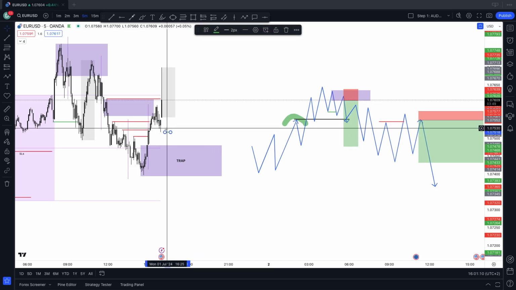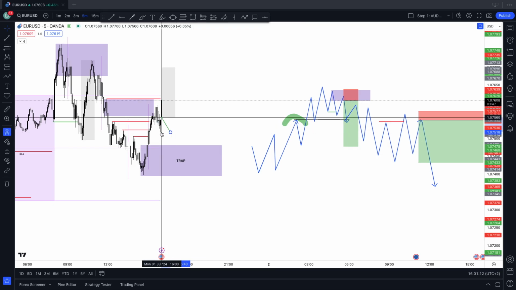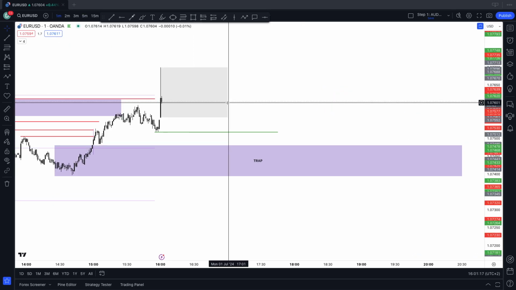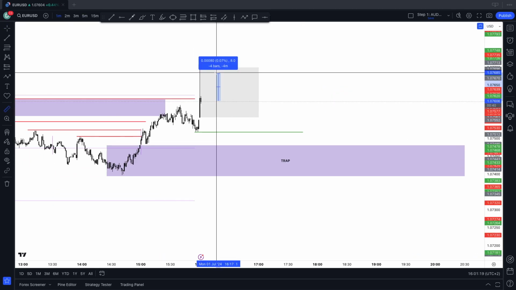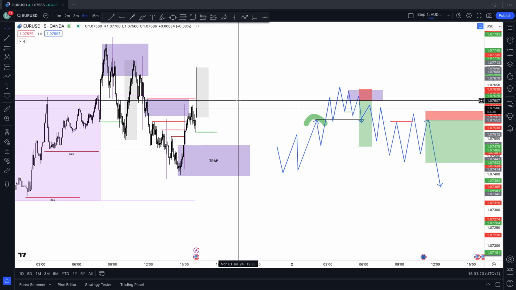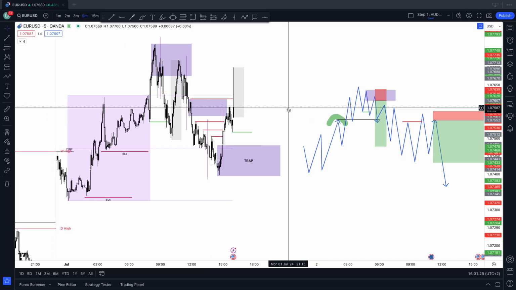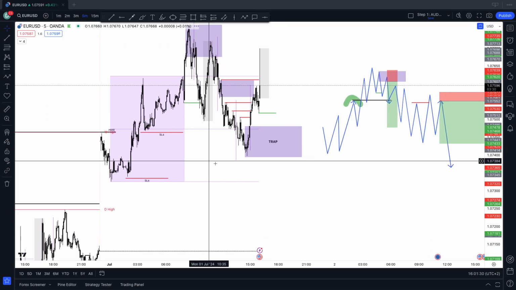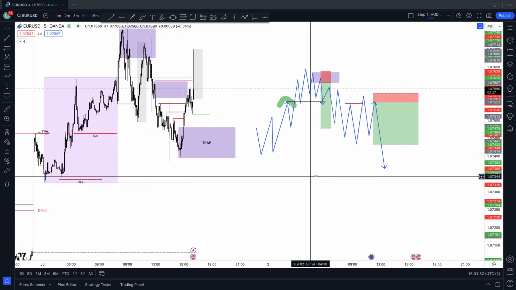We have our trap zone. Now we're gonna get to see a nice live execution. It is about time. We have waited a long time to go ahead and enter some trades.